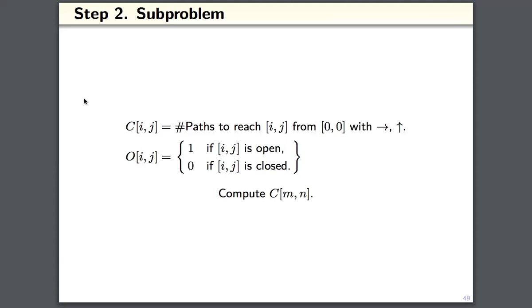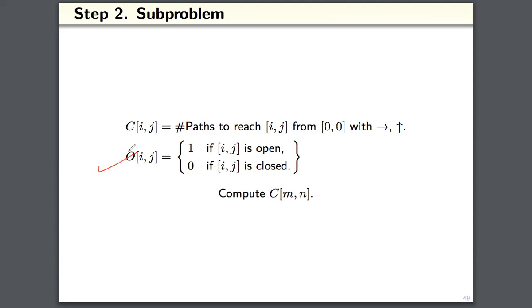Let's see. So the input should also change. What is the input? Now you should get another matrix as input. Consider this O matrix, where O of ij being 1 means there is no block.